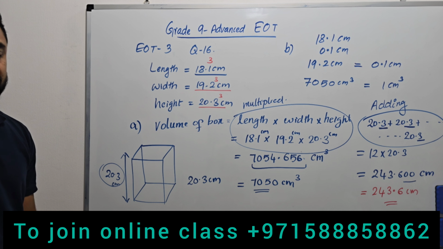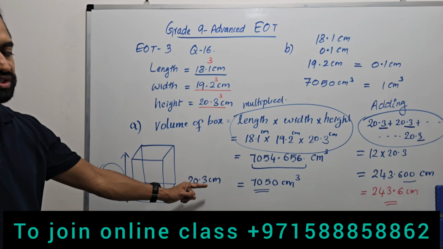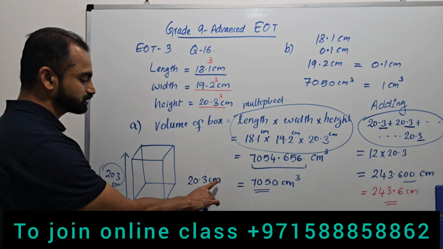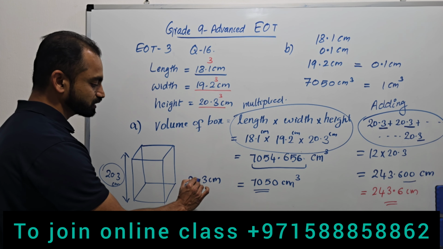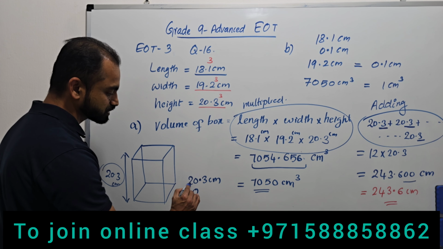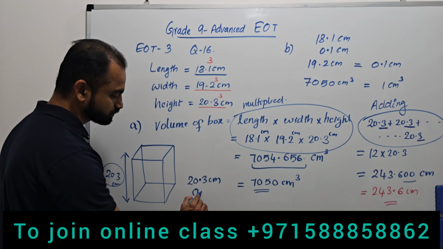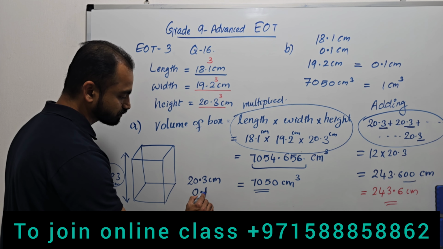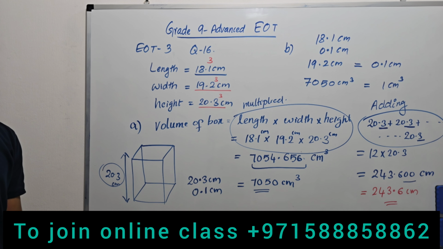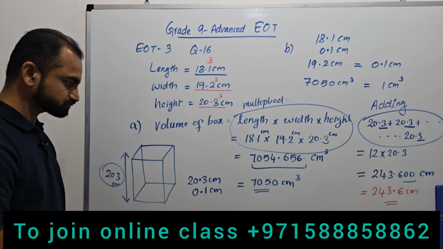So what is the precision? Make all the digits 0 and only the last digit 1. 20 means 2, 0, we make these 0, and the last digit we make 1. Precision is 0.1 centimeter.